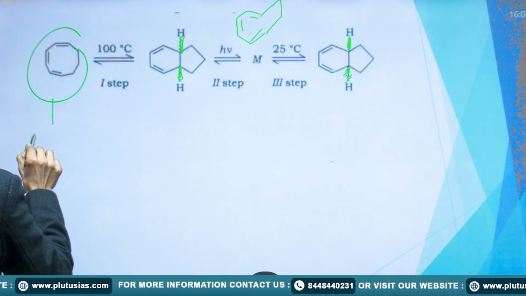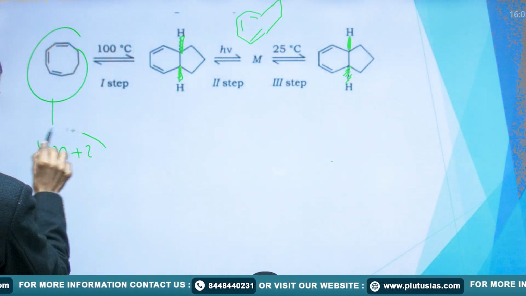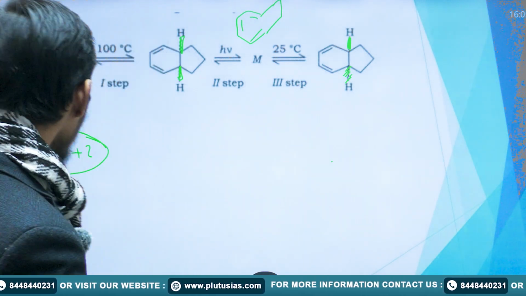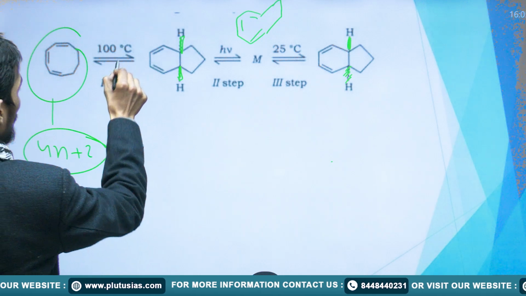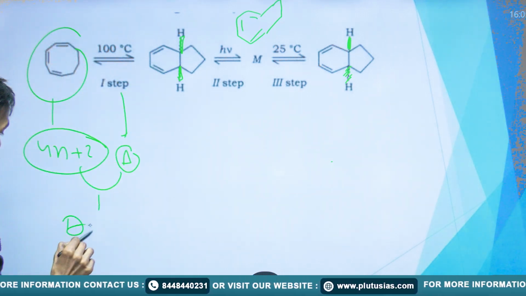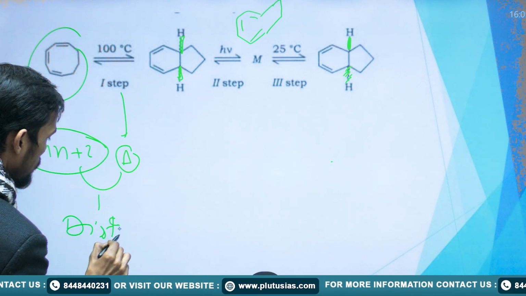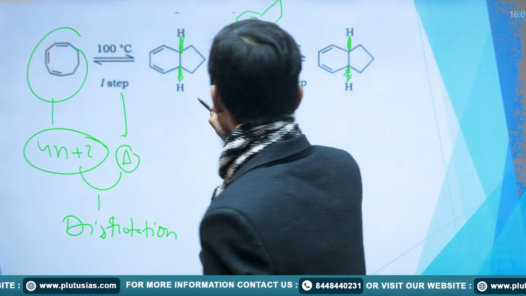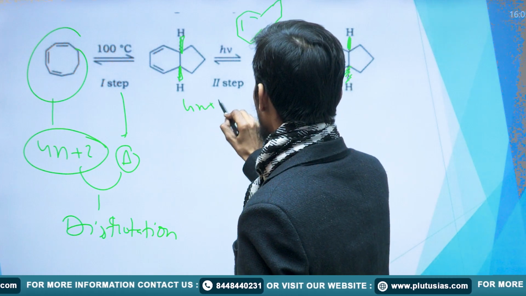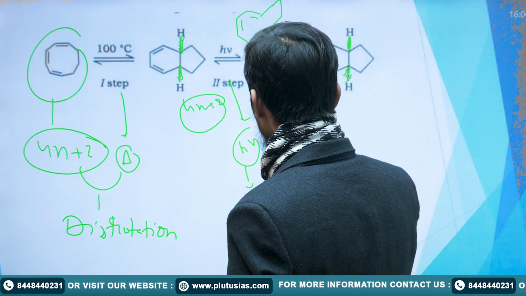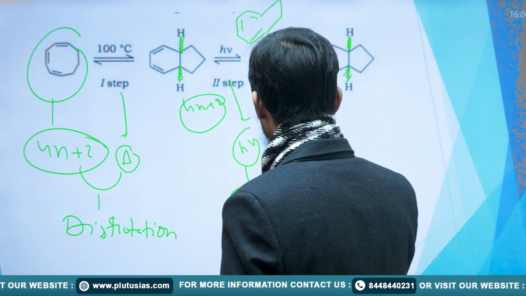This is our 4n plus 2 system, or you can say odd system. 4n plus 2 del we are using, and this rotation takes place. Again 4n plus 2 h nu, con rotation takes place.